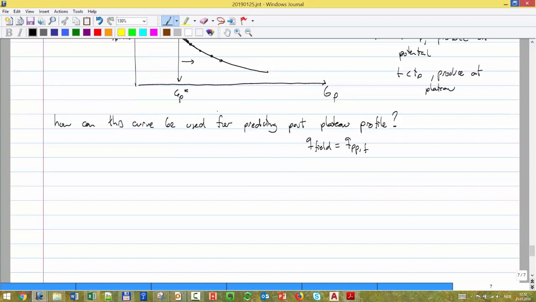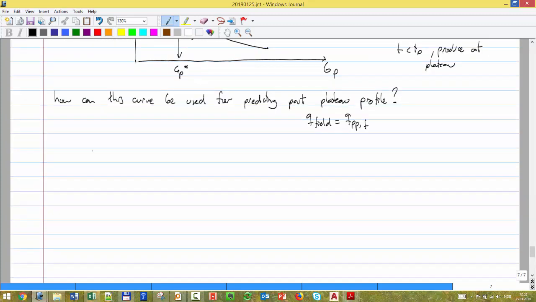So let's say I'm at a time T1. Here I have plateau. That was T1. And then I go here and I have T2. The only thing we know is that this Q2 will be the production potential, but I don't know how much it will be. And here I have Q1.